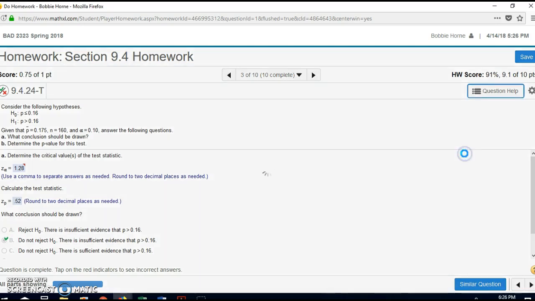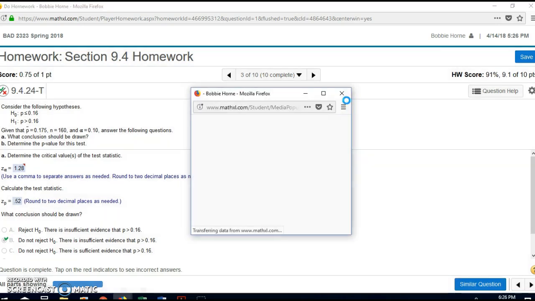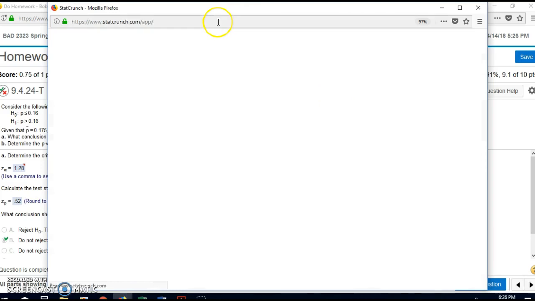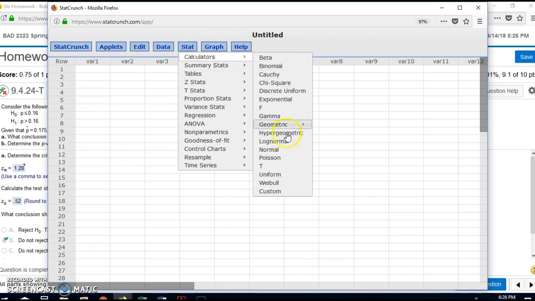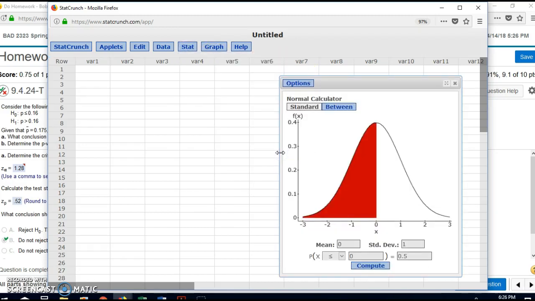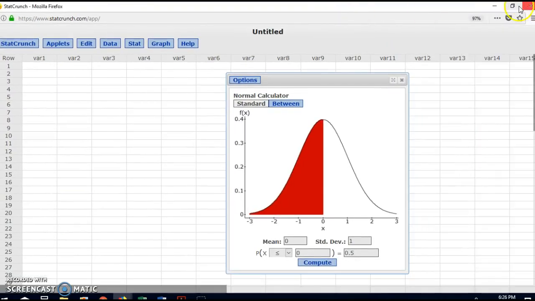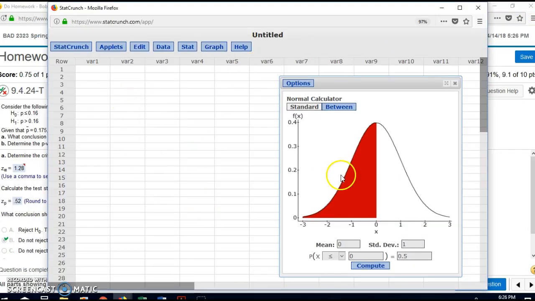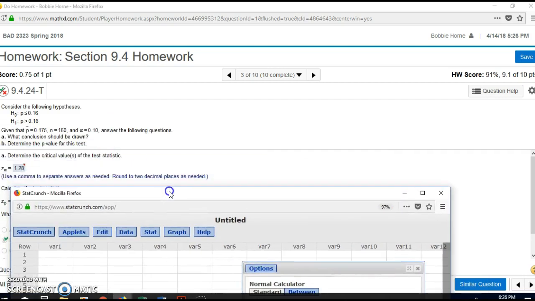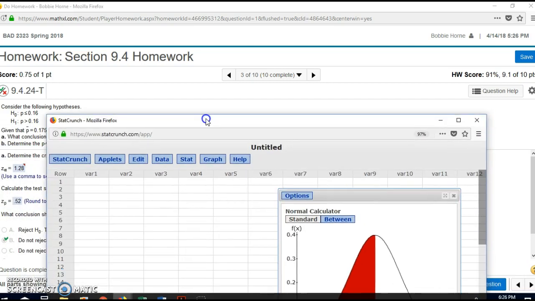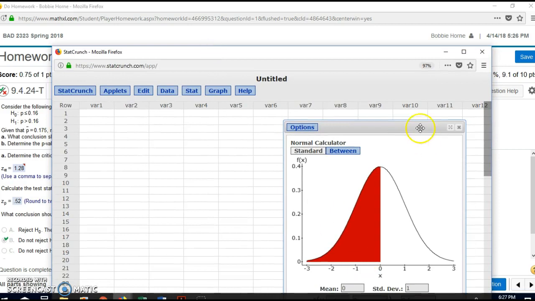But if you just want to look these up, go to StatCrunch and go to calculators, Stat calculators, and do the normal. And what you can do here is, let me minimize it. You don't have to fill out the mean and the standard deviation, but we do need to find out alpha. And this is a one-tailed test because it's got the greater, it doesn't have the equal to.